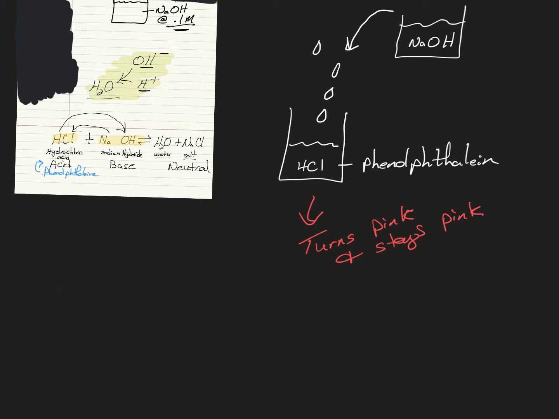Now that's one drop too many, so it's not equal. You want the number of drops right when they're equal, when it was neutralized. So you're going to have to count how many drops it takes to change color. Then you're going to subtract one drop. Does that make sense?